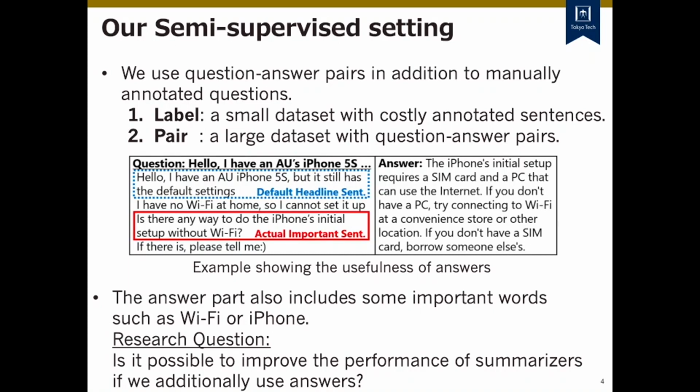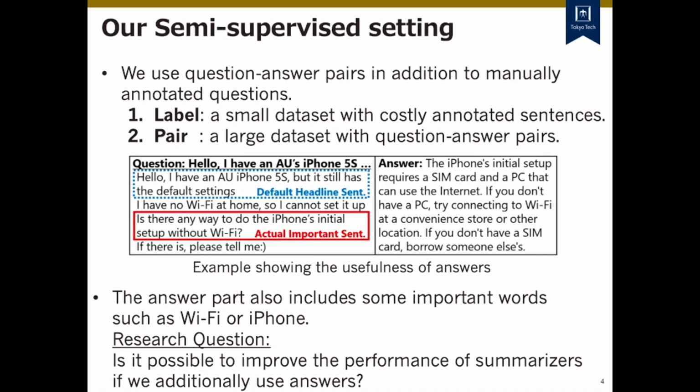Pair is a large dataset with question-answer pairs. We can obtain a large number of question-answer pairs from a community question answering site. Training summarizers on these two datasets can be seen as a semi-supervised setting.